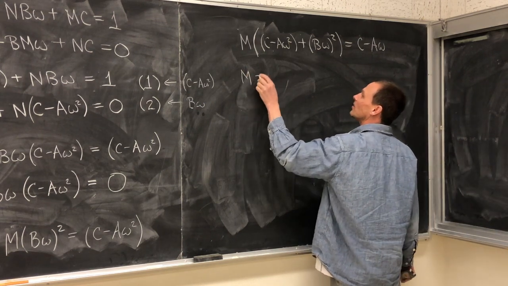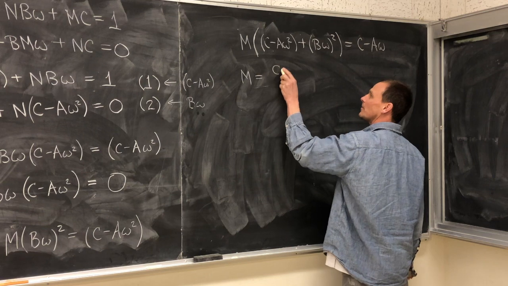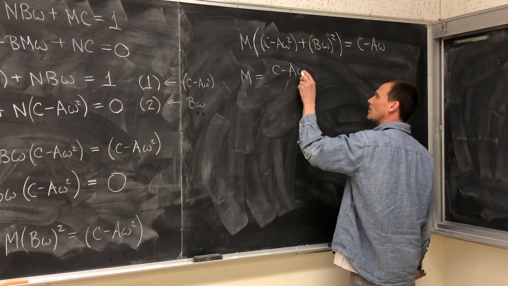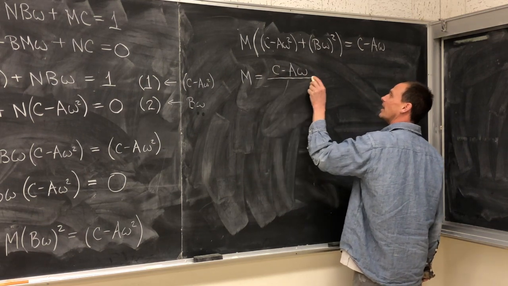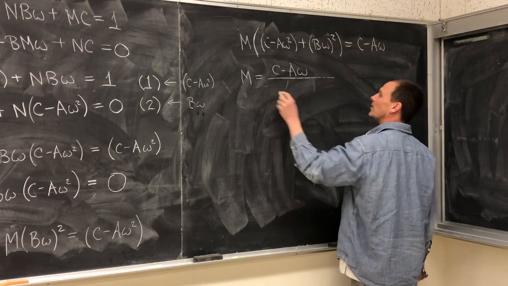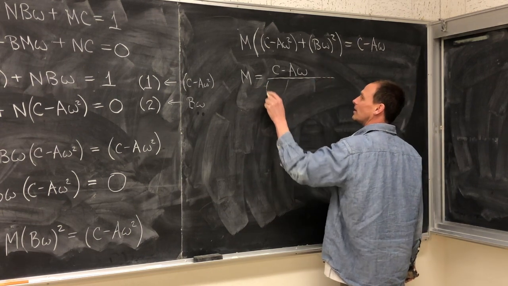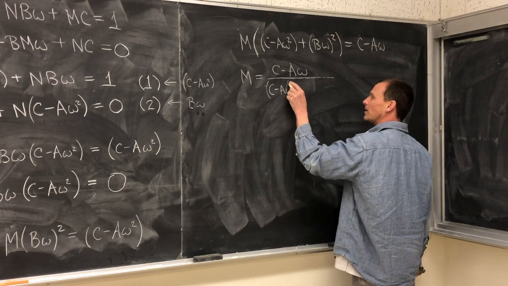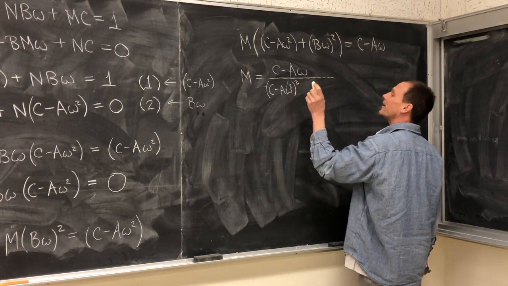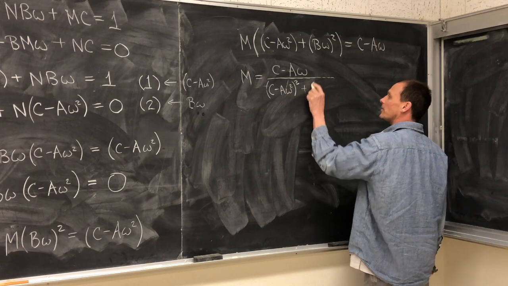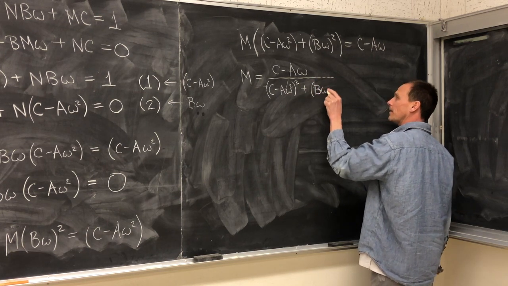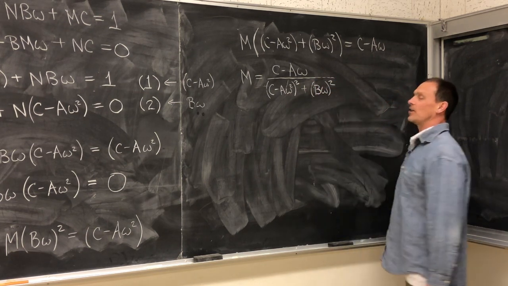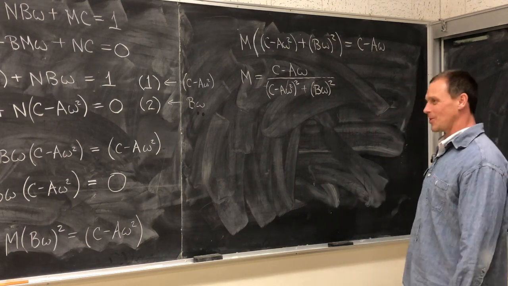M equals c minus a omega, all of that over all this big factor here, c minus a omega squared plus b omega squared. There's m. That's m. We're almost there.